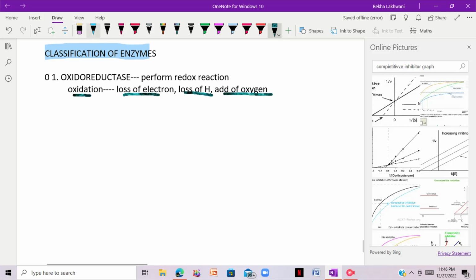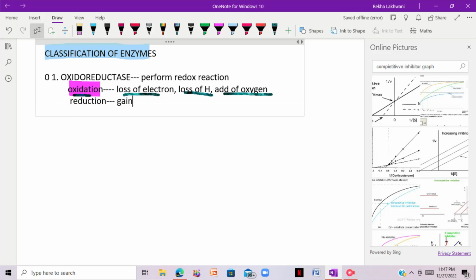Now what is reduction? Basically, reduction is a process in which there is gain of electron, or you can say gain of hydrogen ion, or there is basically loss of oxygen.